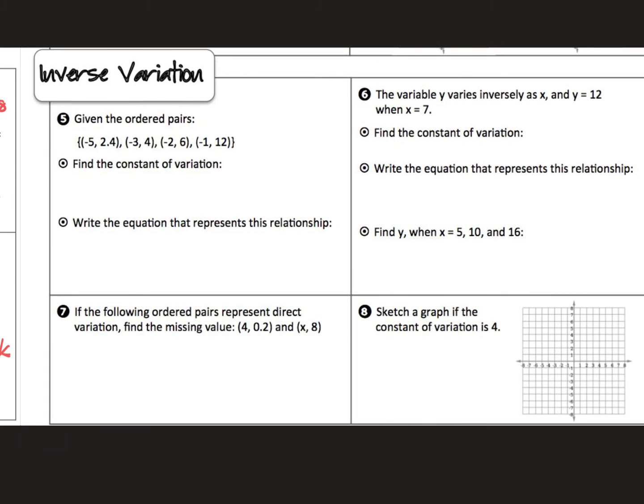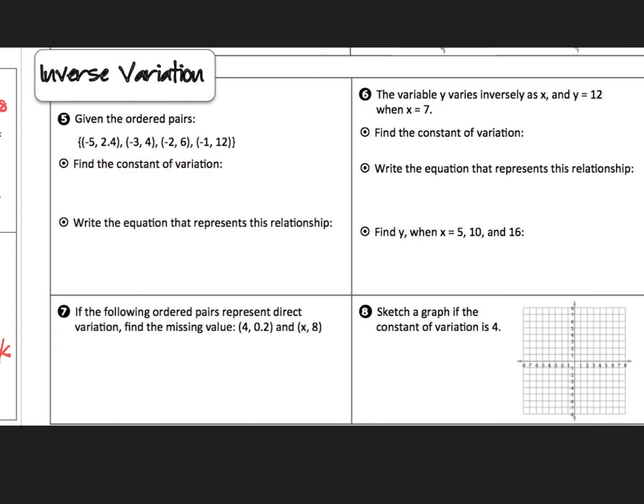All right, and let's take a look at inverse variation. We're doing the exact same thing here, except we're working with inverse variation. If you remember, inverse variation has the equation y equals k over x, and we find k by using the product of x and y, so multiplying x and y. Given the ordered pairs, they want us to find the constant and then write the equation to represent it.